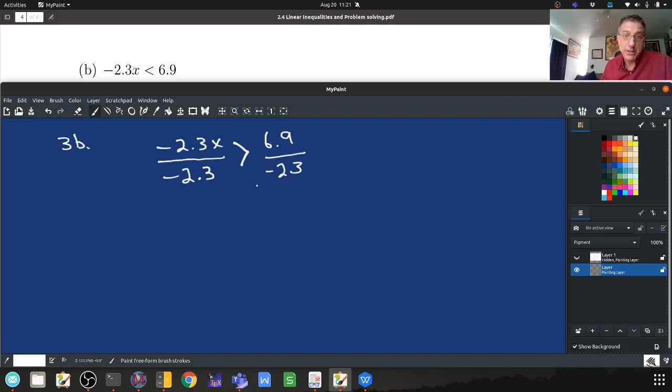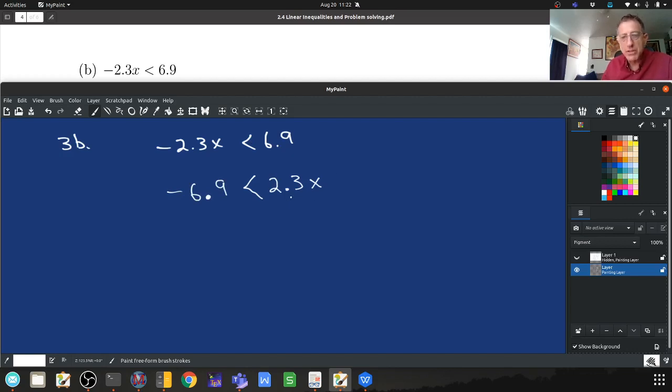And that's a lot. I'm fearful that you'll forget. So this is my suggestion. Well, there's nothing that keeps me from moving the positions of these. If I move the minus 2.3x over to the other side, the price I pay is it changes its sign. And now if I move the 6.9 to the other side, the price I pay is it changes its sign.